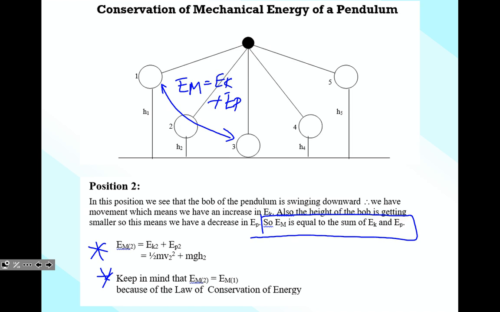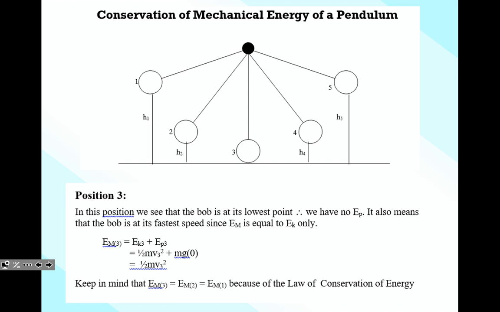Keep in mind that the EM here is also equal to the mechanical energy here, which is equal to the mechanical energy here, and here. We can't change mechanical energy, but there is a transfer between kinetic and potential.